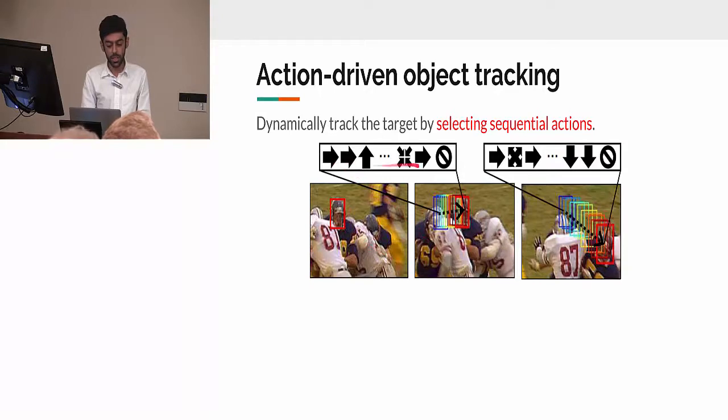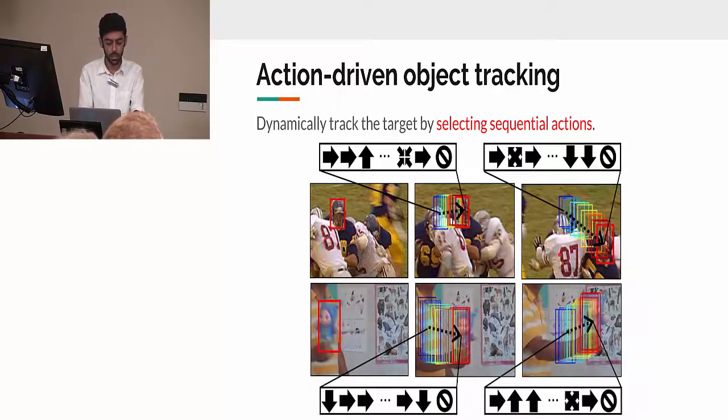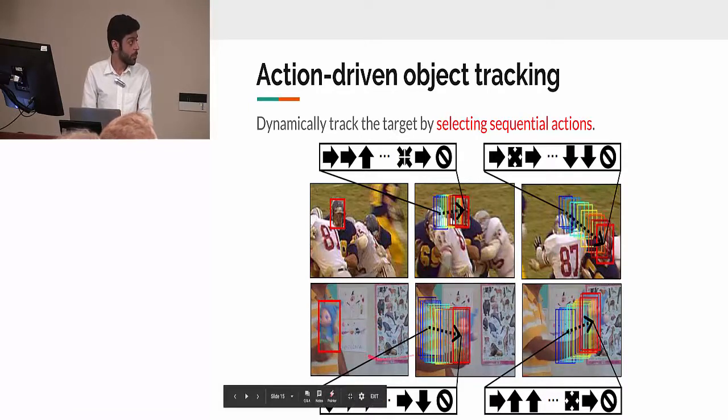Here is the set of actions that has been taken to find the object in the next frame: 2 rights, 1 up, scale down, right, and stop. Stop here means that we found the object in the current frame, and then this can be an initial step for the next frame, and we follow the same procedure in the next frame as well. Here is another example. This is the object in the previous frame, current frame, and future frames.